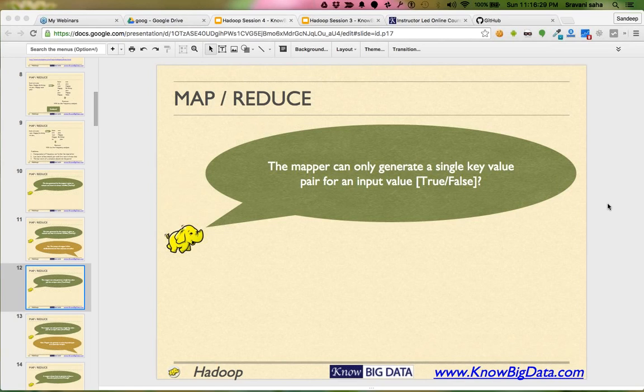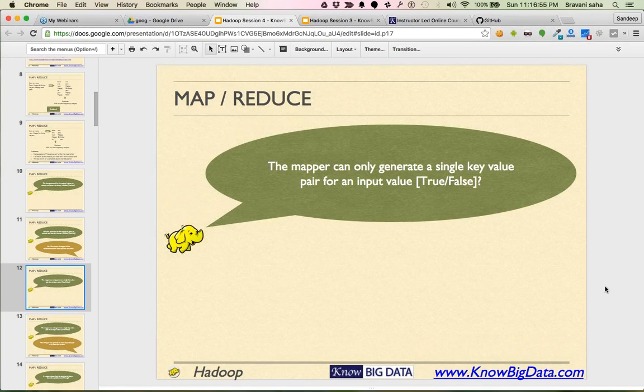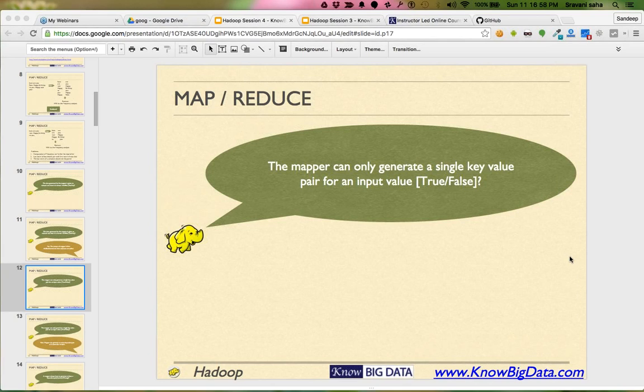Veena, didn't it generate multiple keys in case of word count? Because each word became the key. If you remember, it was not one key. Each word became one key and the value was one, right?